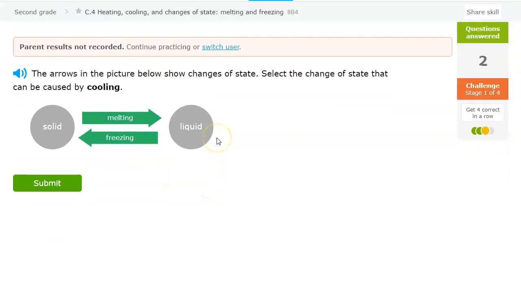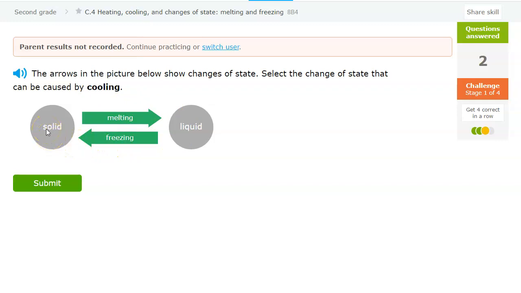Let's try one more of these and then we'll do a couple on the other assignment. The arrows in the picture show changes of state. Select the change of state that can be caused by cooling. So do you take liquid and cool it to get to solid?